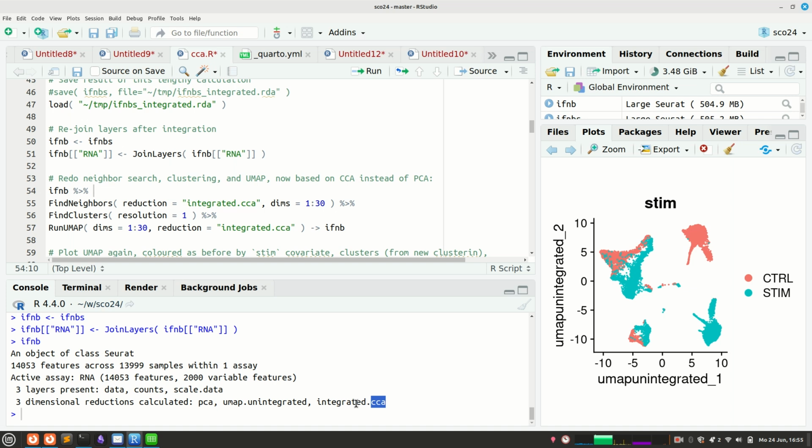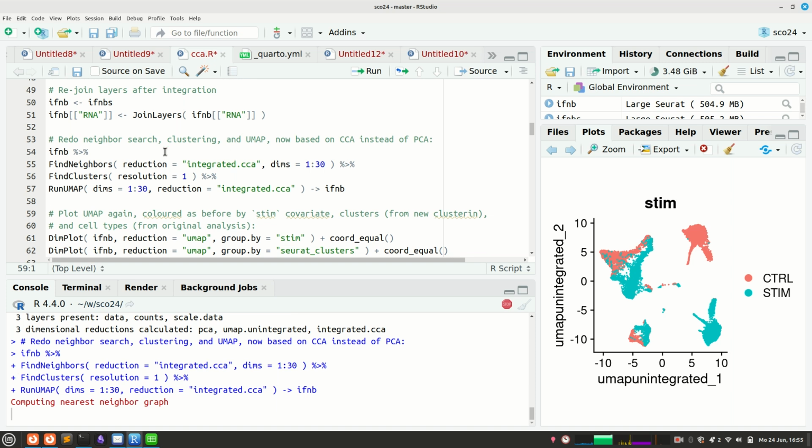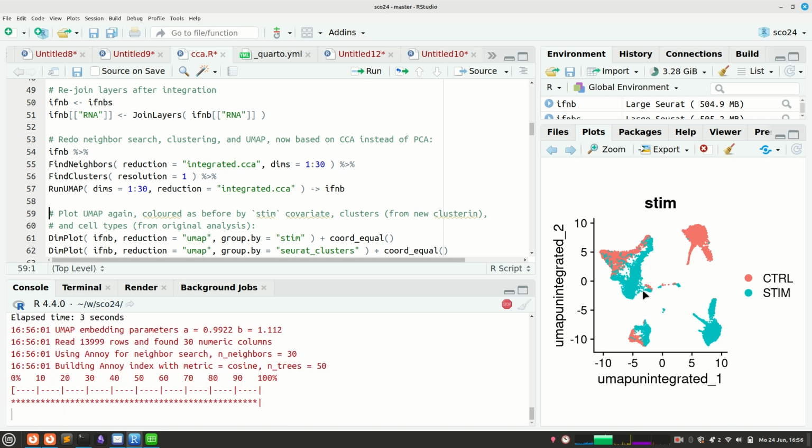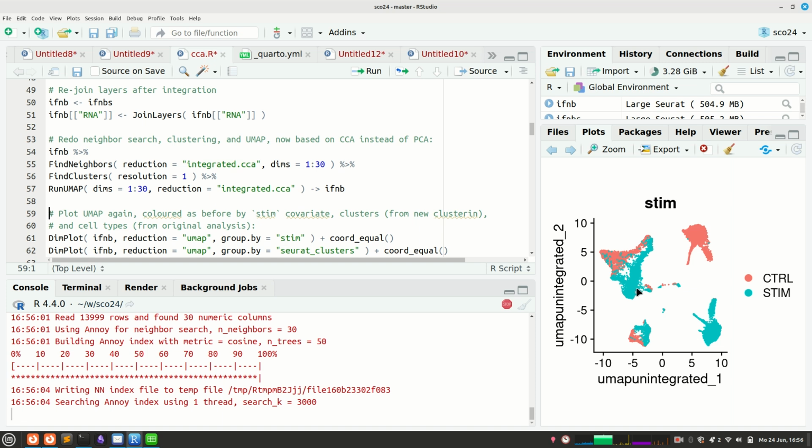If I use this CCA reduction to find again a clustering and a UMAP, in this UMAP we should now see that these things flip together, that this thing should end up on top of that one, these two things should sit on top, and these two things should sit on top.